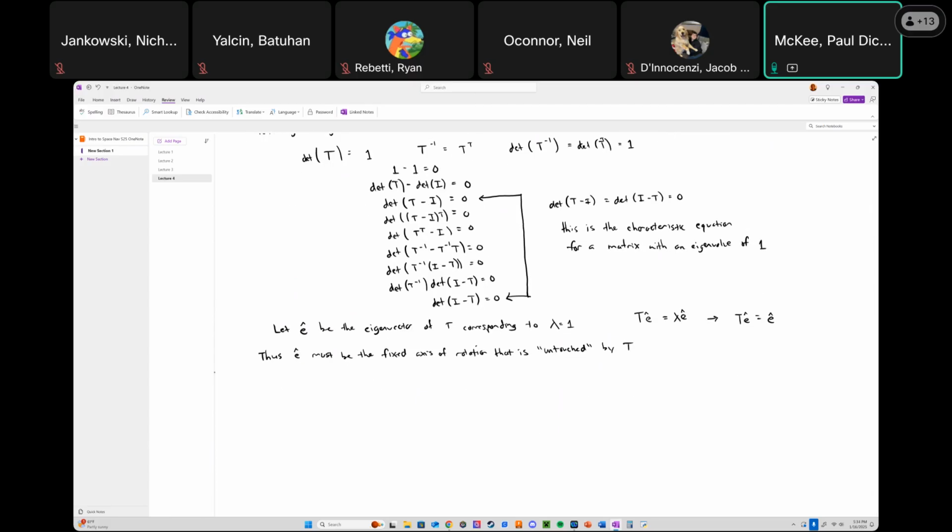So, can I ask a question? Yeah, sure. In the second step, T minus identity equal to 0, then we get the parenthesis T minus identity equal to 0. Is that our assumption?